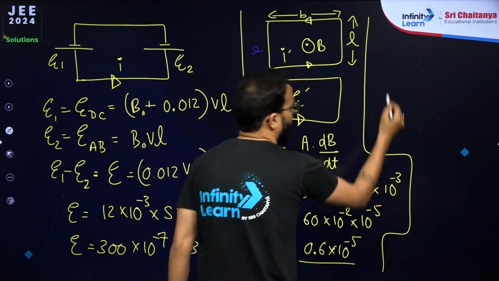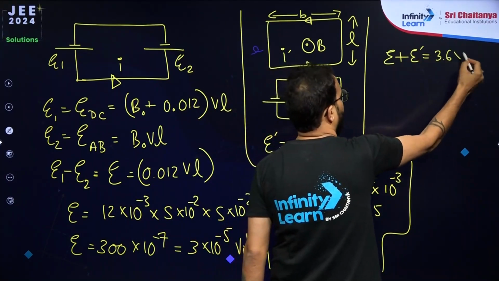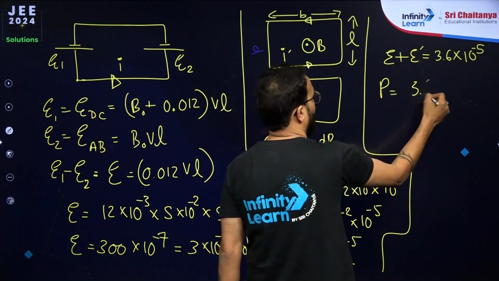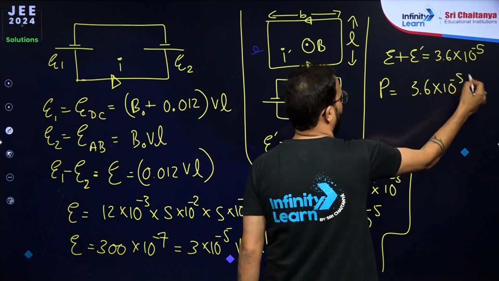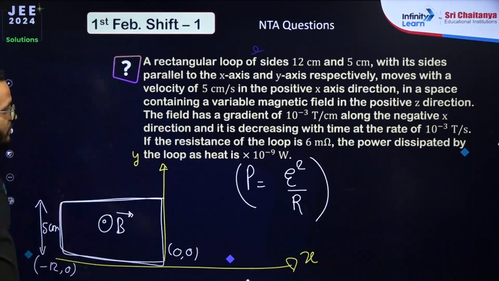So the overall EMF will be 3.6 into 10 to the power minus 5. So power will be 3.6 into 10 to the power minus 5 whole squared by R. R was 6 milliohms.